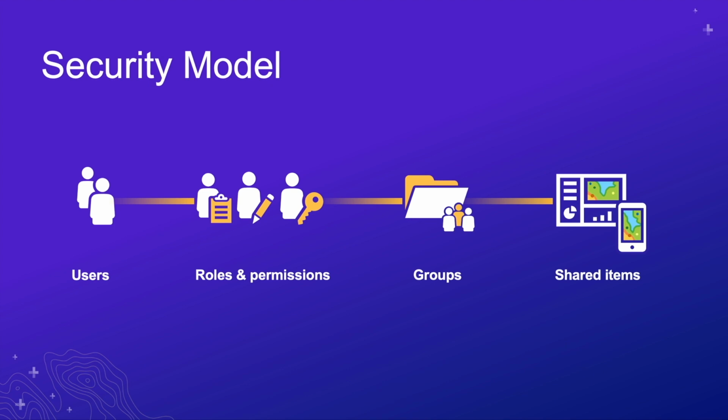So the group is a very powerful capability for managing what users have access to. And within those groups, you share the items into them, and you can share items publicly, so there's no authentication needed. You can share at the organizational level, so anybody authenticated with an organization can see that shared item. You can share items within groups, and then you can also keep them completely private.